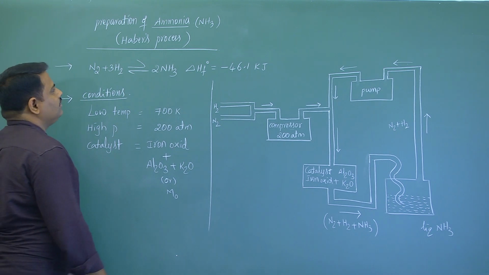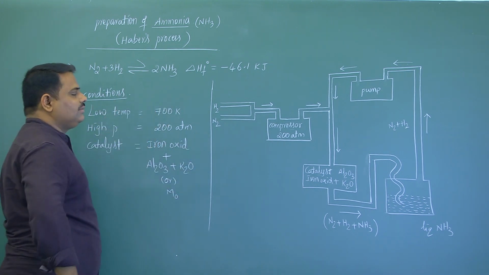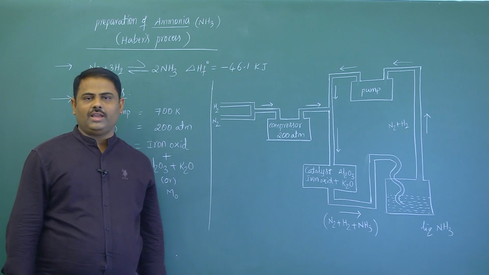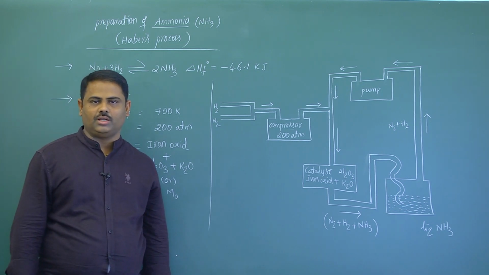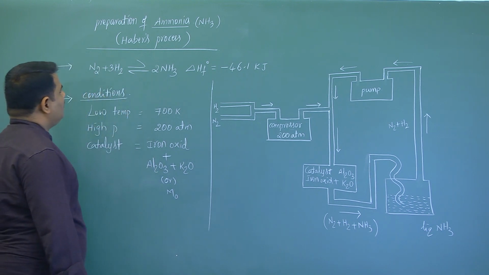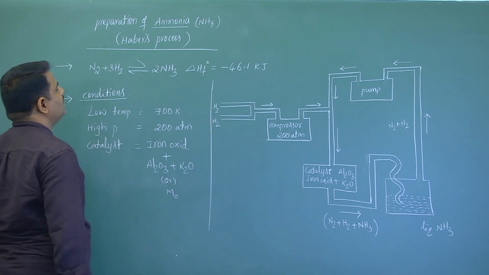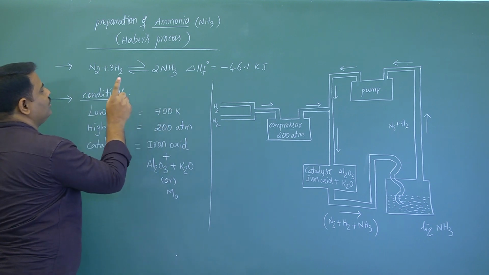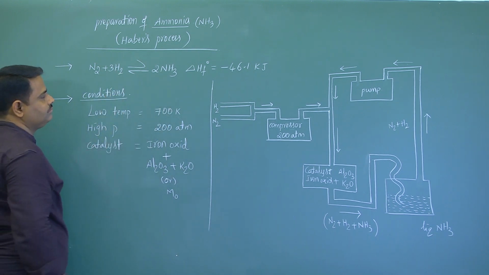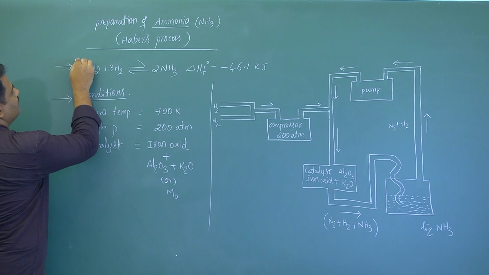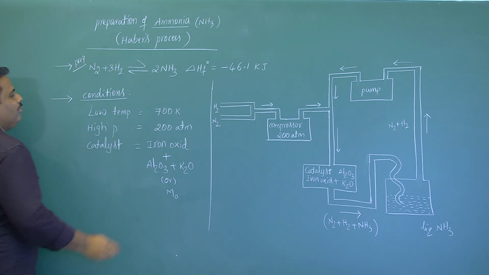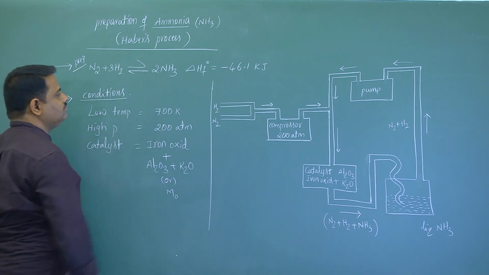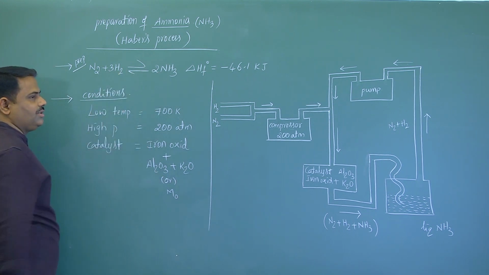Now here this process is large scale preparation of ammonia, or you can say industrial preparation. In this method, this is divided into 3 parts. One is the basic principle for preparation of ammonia, that is the chemical reaction.